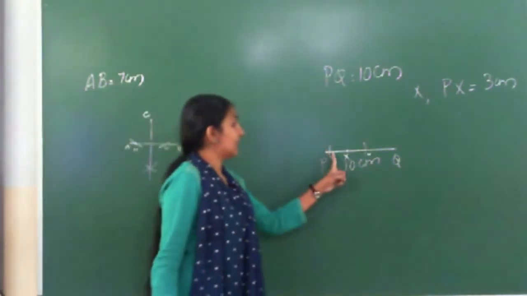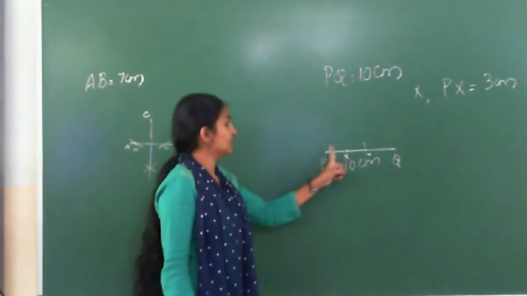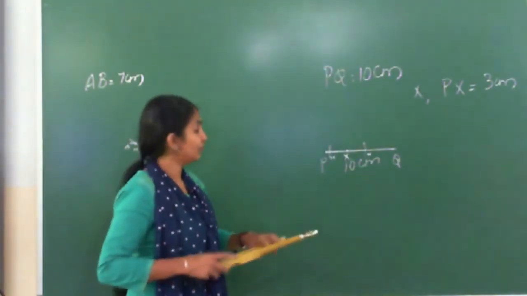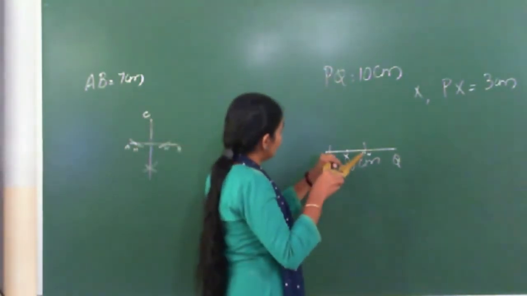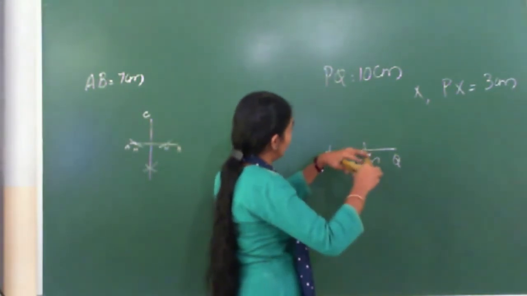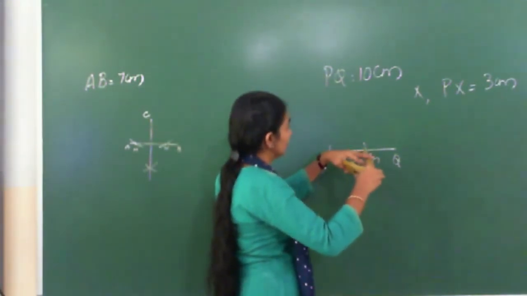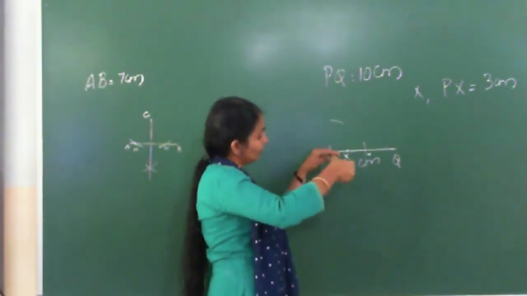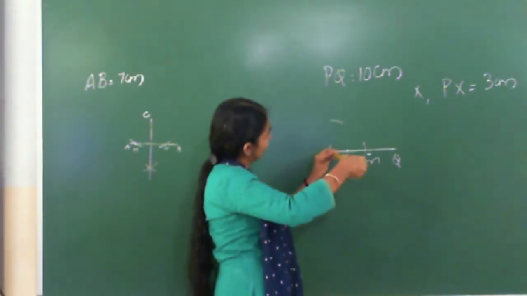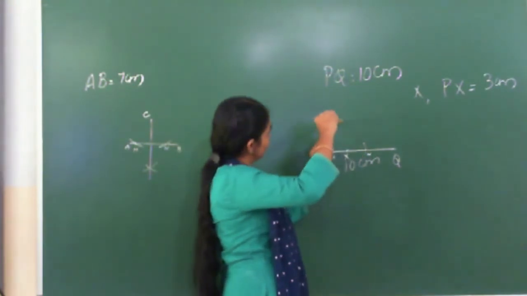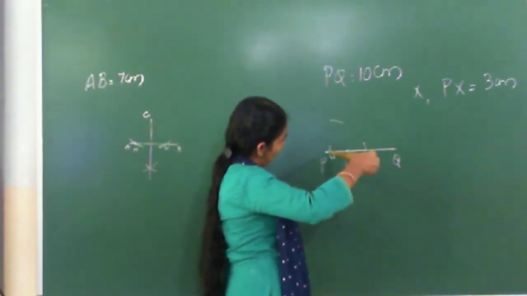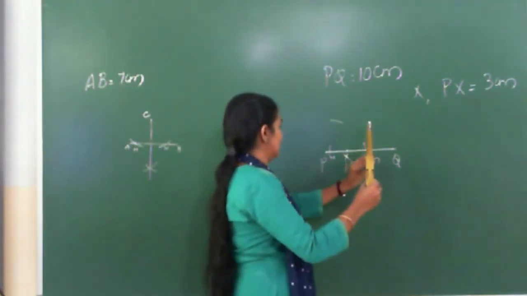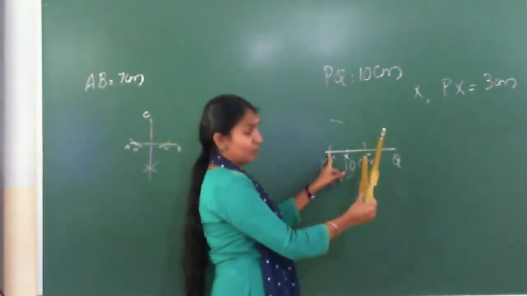Now, keeping M and N as centers, we take more than half and then we will draw the perpendicular line. If you want, you can take this full or more than half, it's up to you. So, M we completed.